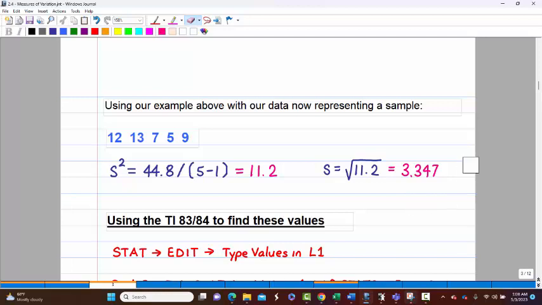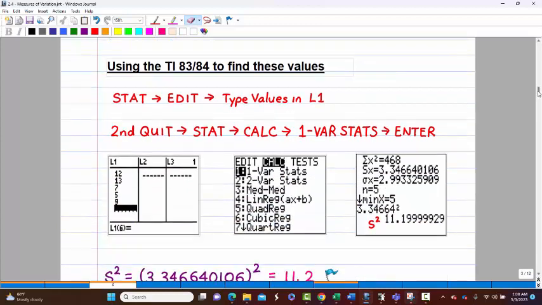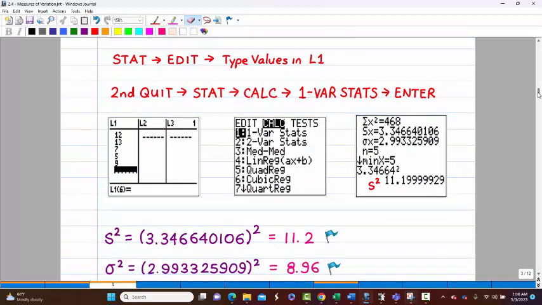And there you go. I'm going to show you this in real time when we do my MATLAB Stat Lab problem in a little bit, but I'll walk through this. Here are the 5 numbers, and you're going to use the command stat calc 1var stats. It's the same command you use to get mean and median.